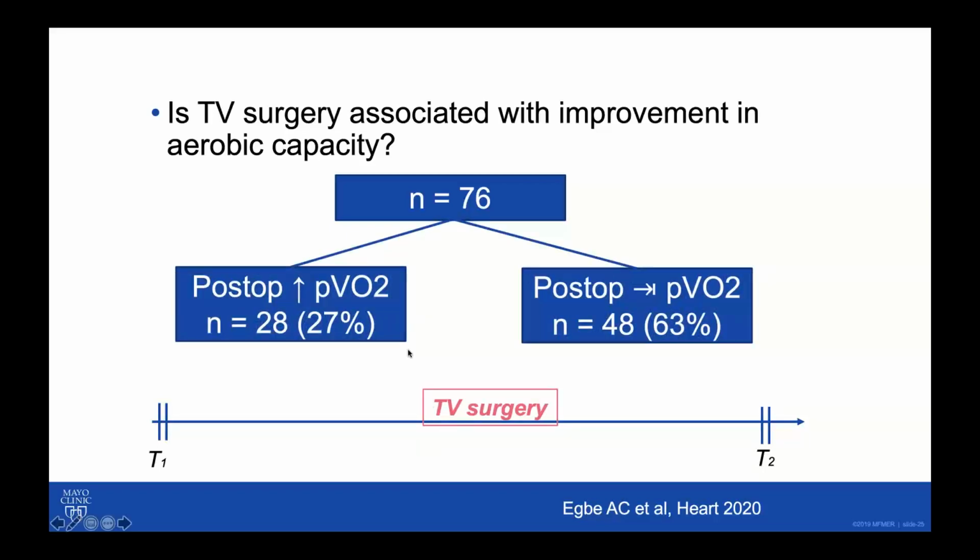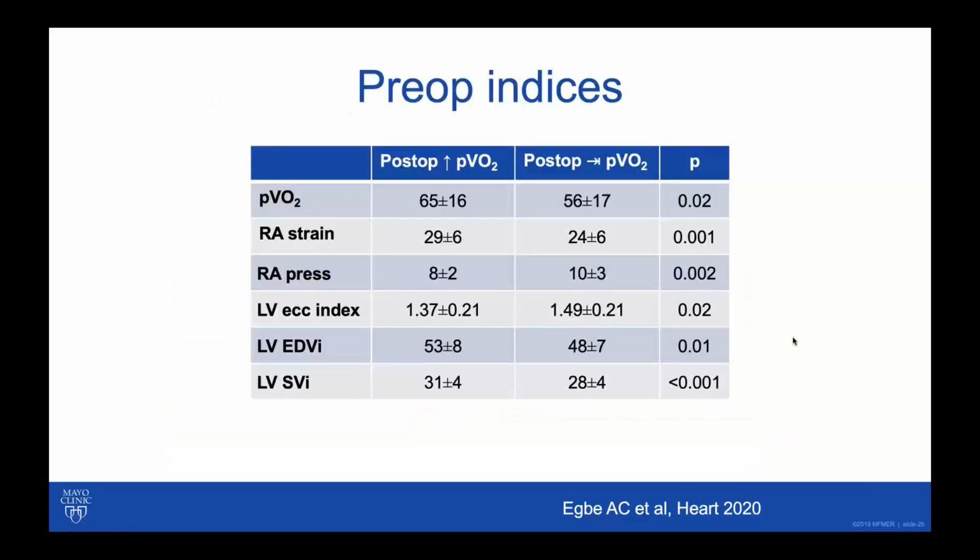Although most of them reported subjective improvement in symptoms, only 27% had any measurable improvement in predicted peak VO2, and the bulk of them didn't change. It actually went down.